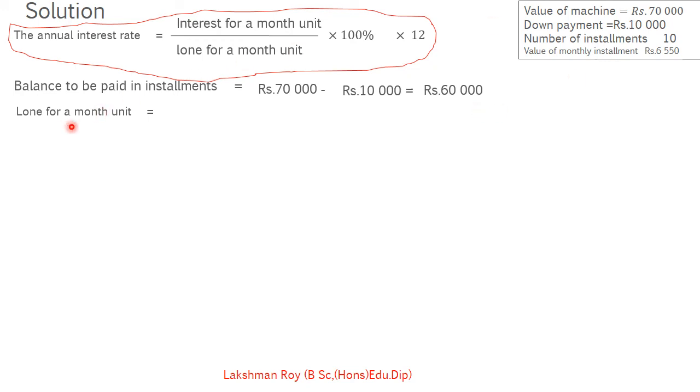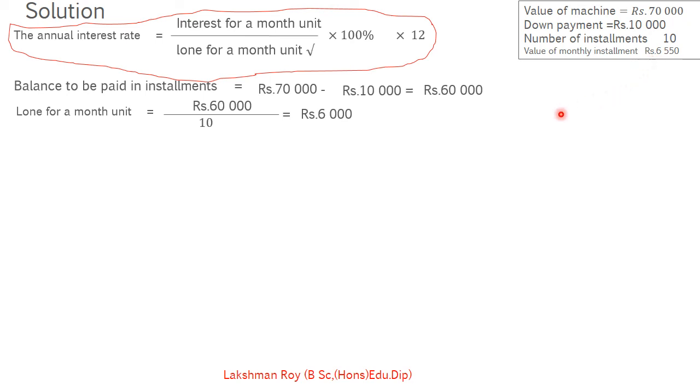The total balance is 60,000, and you divide it by the number of installments, that is 10. Then 60,000 divided by 10 gives you 6,000. This is the amount you should pay if there is no interest, but the value of the monthly installment is 6,550. That means in every month you pay an extra 550 rupees. That is interest.